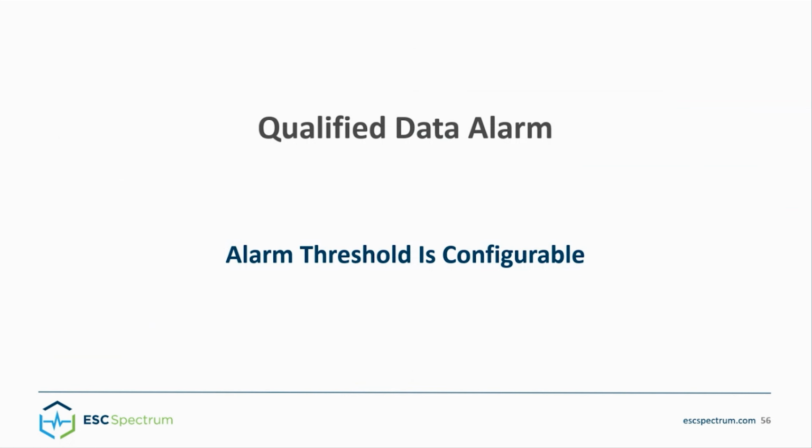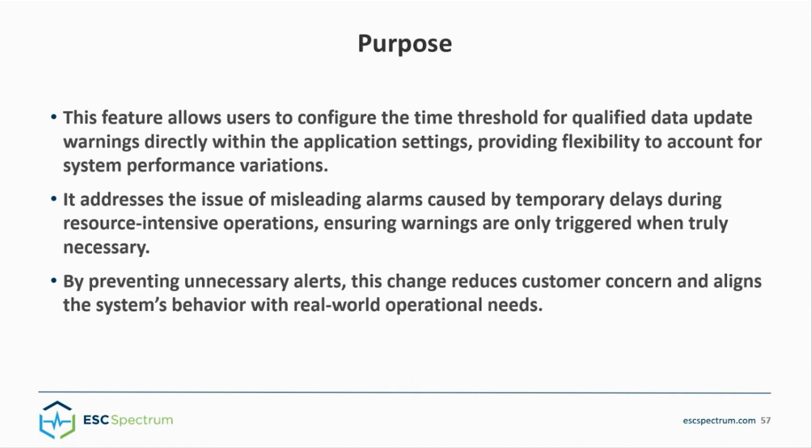We added the ability to configure the alarm threshold for the stale data alarm. There was a scenario where, if a resource intensive operation was happening at the time the stale data warning alarm was to go off, it sometimes could fire erroneously.